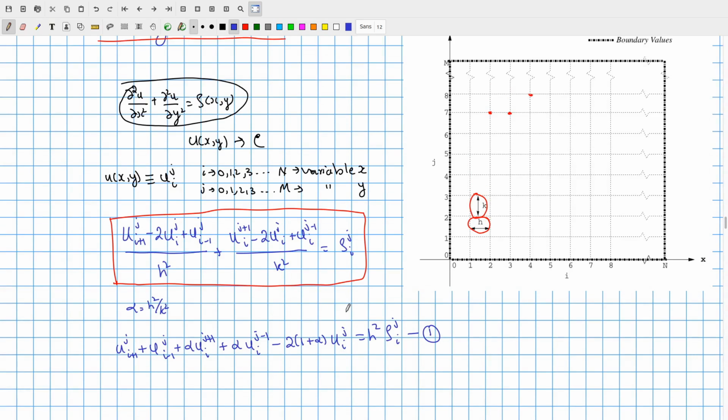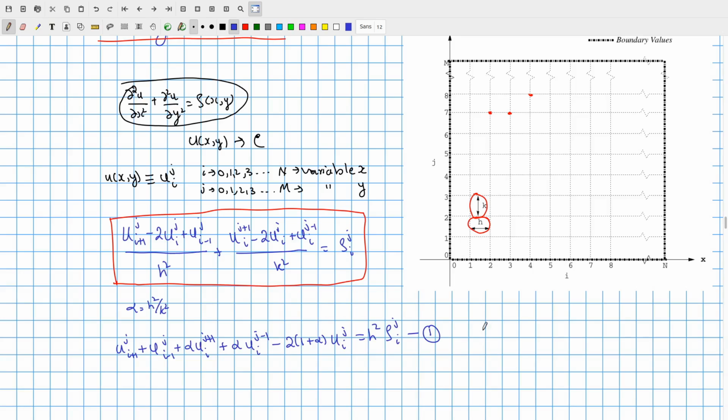By rearranging, if you carefully see here, this is u with two indices, u of ij, where i goes from 0 to n and j goes from 0 to m. We can do a jugglery. Instead of having this equation in two indices, we can convert it into a single index.